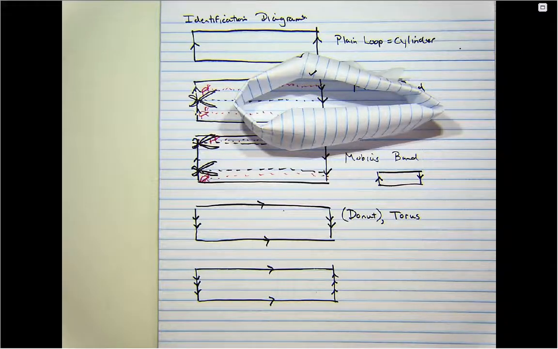So let's see what you can do with a piece of paper. See if that's going to work out for you. Again, a kind of fatter piece of paper works better for this.